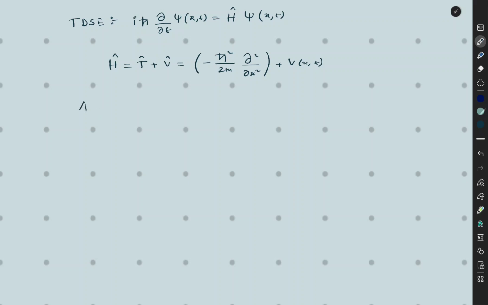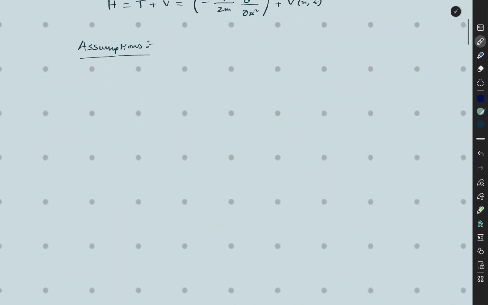So the assumption is that V of x comma t is independent of time. Therefore, V of x comma t becomes V of x.